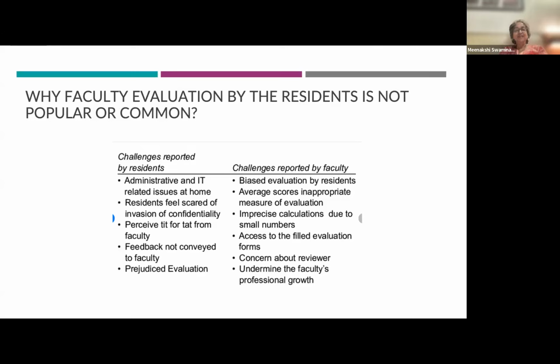They perceive tit for tat, revenge, as Simona elegantly said. And sometimes they worry that the feedback they give honestly may not even reach the faculty. And the faculty feel that there is a bias, that the calculations are imprecise. They feel that the evaluation sometimes undermines the faculty's professional growth.